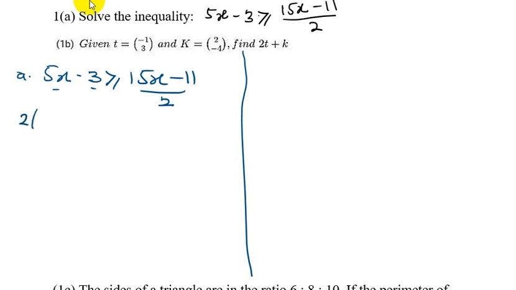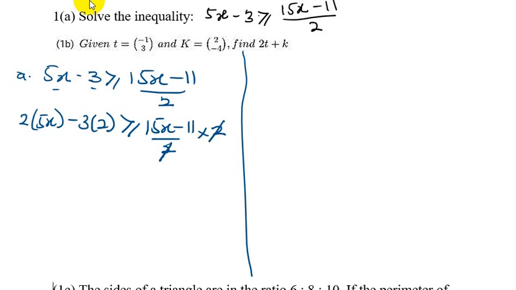So we get 2(5x minus 3) greater than or equal to (15x minus 11) all over 2 times 2, and this 2 and this 2 cancel out. So 2 times 5x gives us 10x, minus 3 times 2 gives us 6, greater than or equal to 15x minus 11.